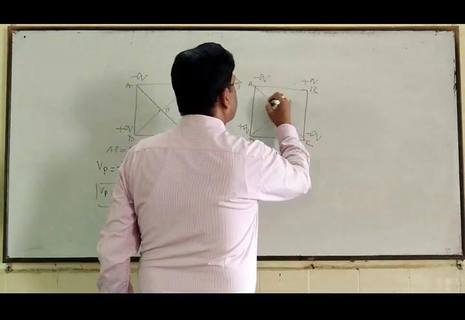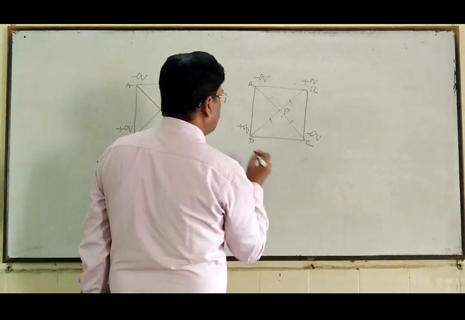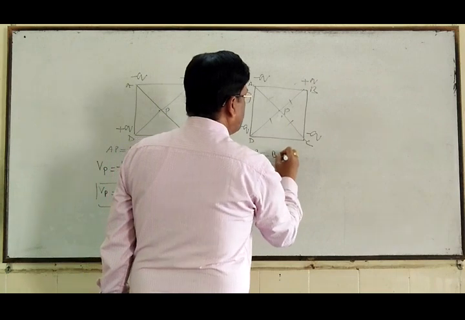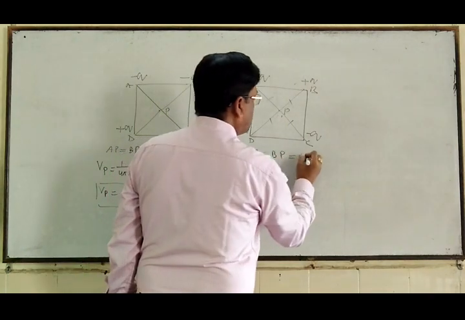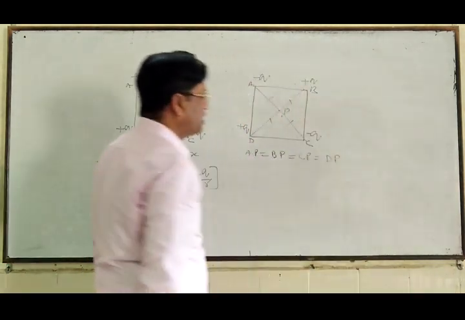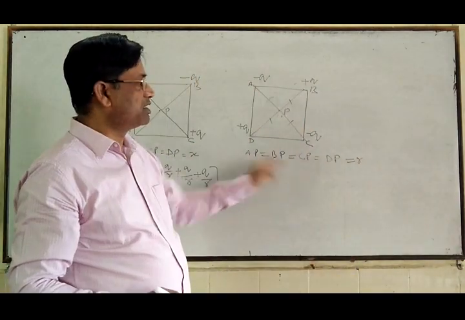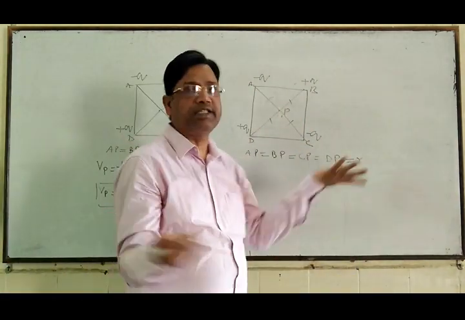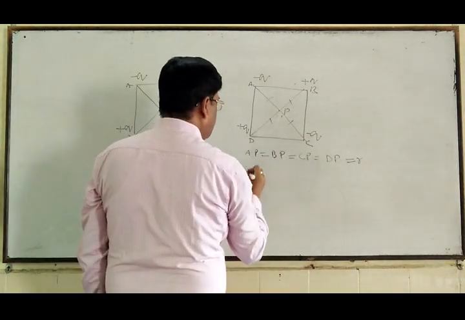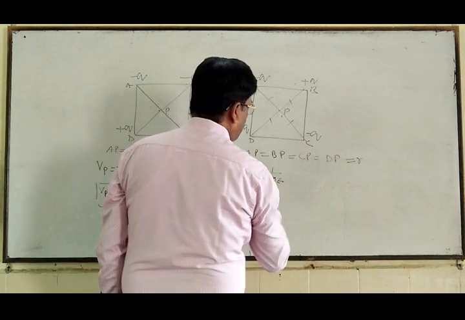These distances are equal. Say the distance is R. You know that AP is equal to BP is equal to CP is equal to DP. We are supposing these distances are equal. Then potential VP will be equal to 1 upon 4 pi epsilon naught.